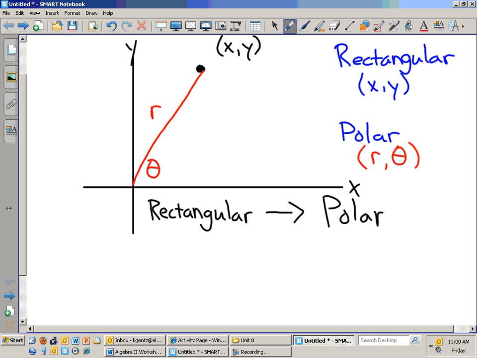Can anybody guess what the relationship is between x, y, and r? There's a formula that connects them. Very good. This is an x value, this is a y value, and you can see that r squared is equal to x squared plus y squared.